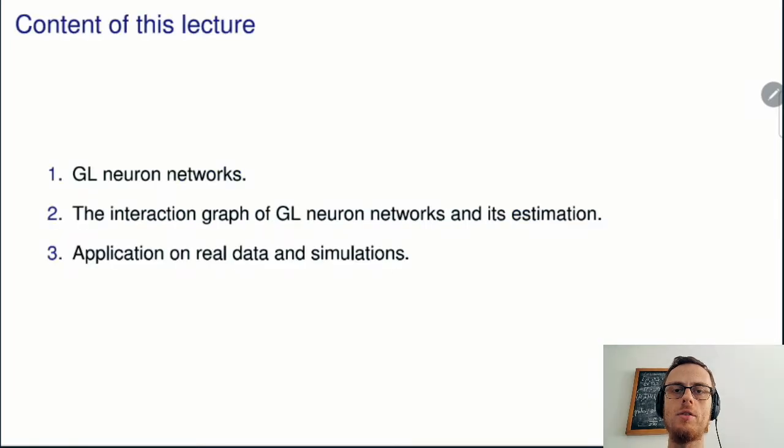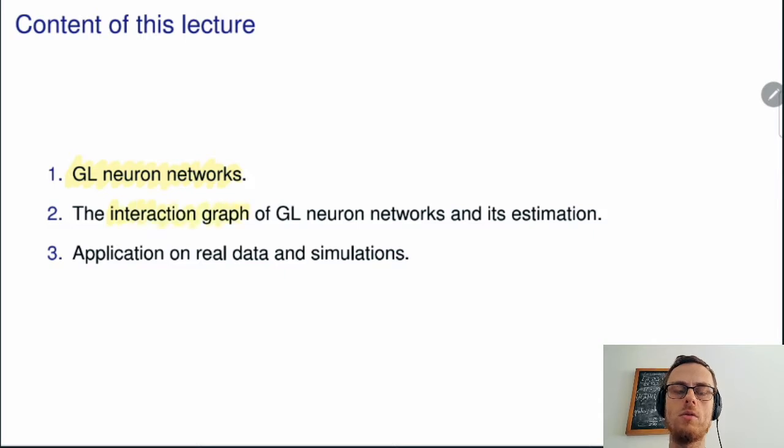In today's lecture, we are going to see an example of systems of stochastic chains with memory of variable length called GL neural networks. And as we'll see, an important parameter of these networks is what we call the interaction graph.